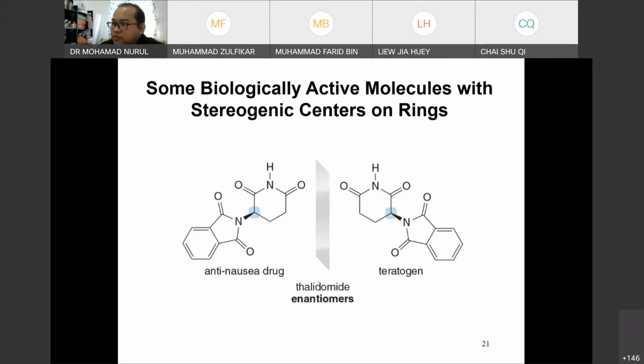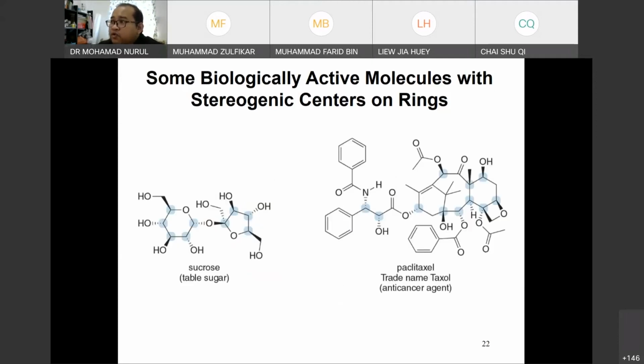If we try to draw the enantiomer, it is a teratogen. I think a teratogen is a poison. By changing this functional group only, we can see the different effects of these two compounds.